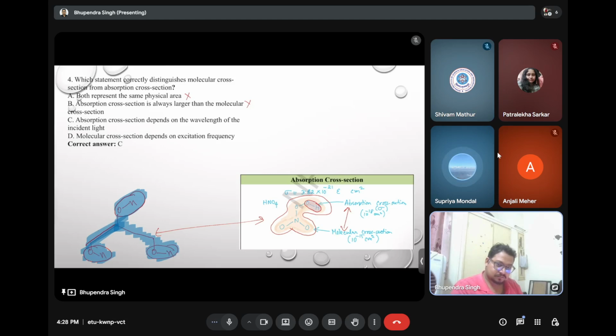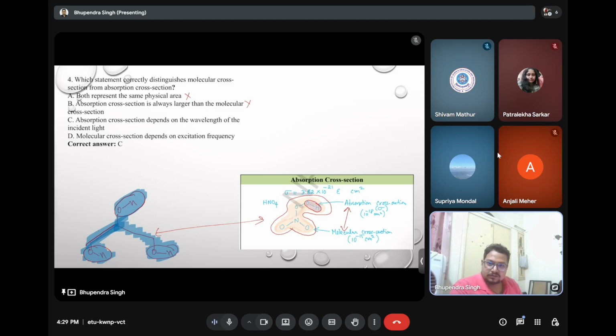Yes, you are correct in that sense, because let's say if it has an OH bond and some other bond which can absorb at that particular wavelength, and another bond between two atoms in a molecule can absorb another frequency.